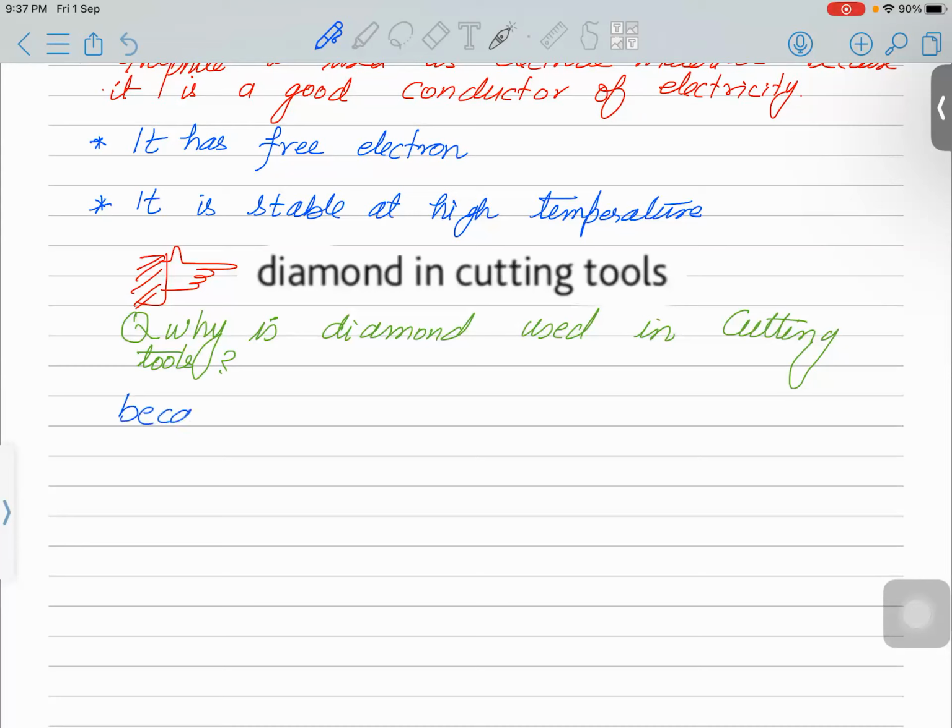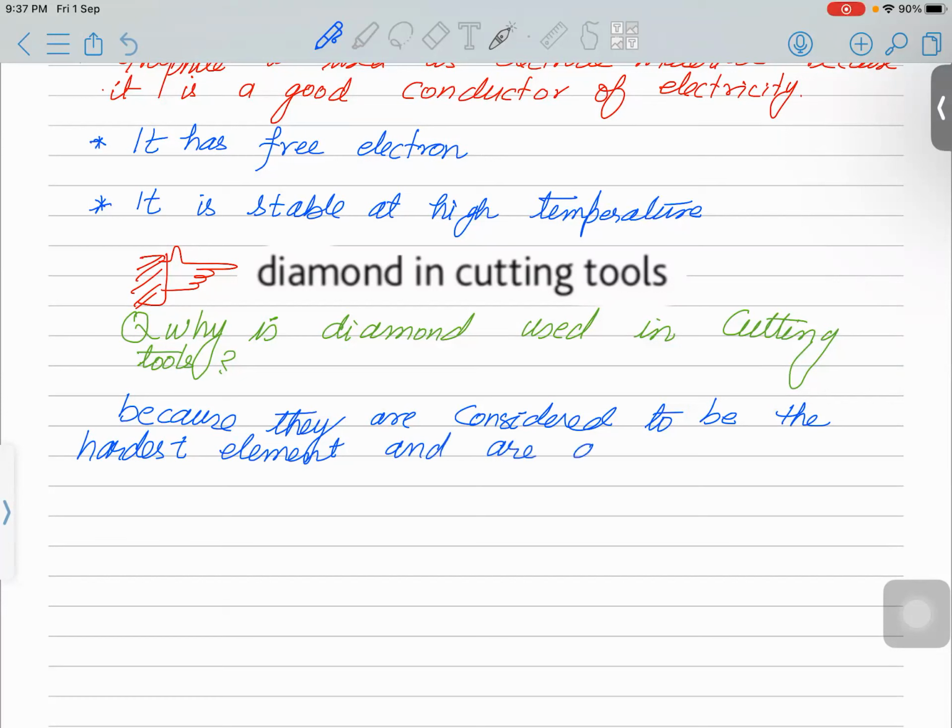Because it is considered to be the hardest element and is able to cut through hard materials.